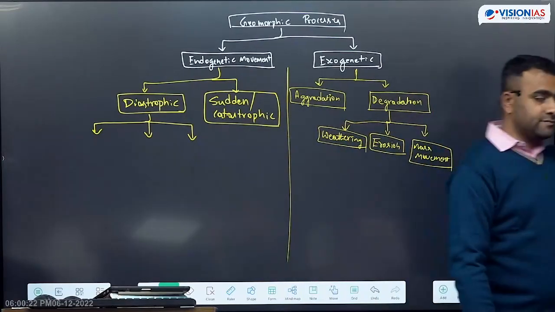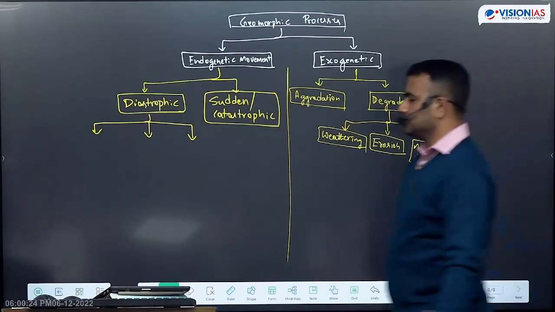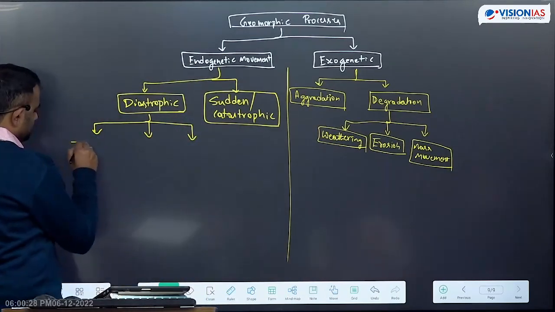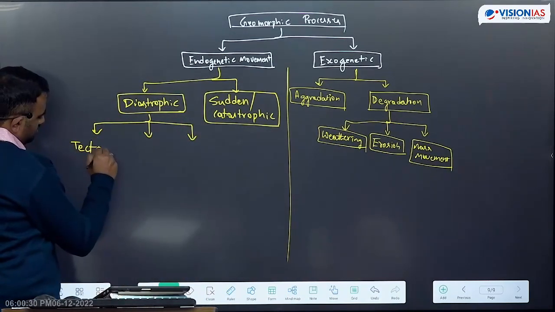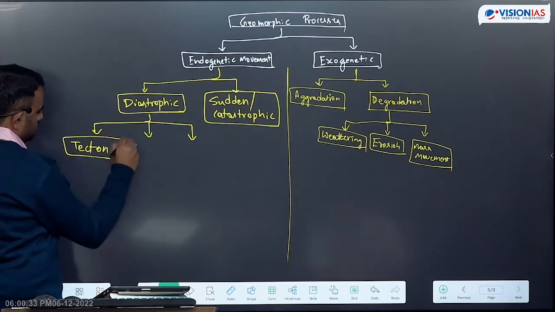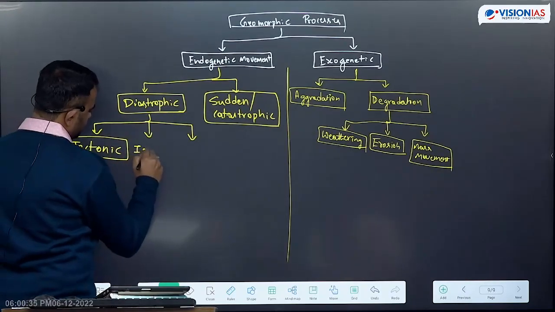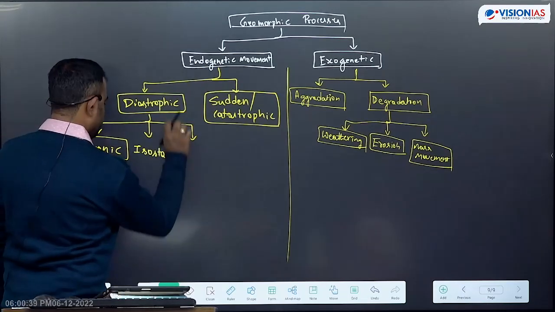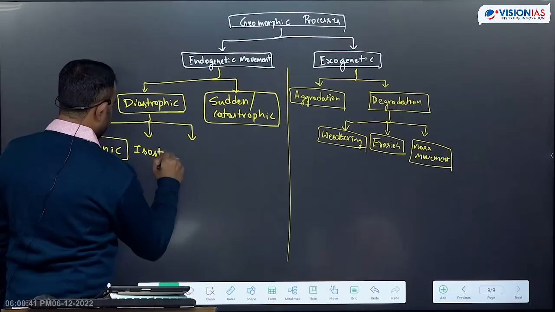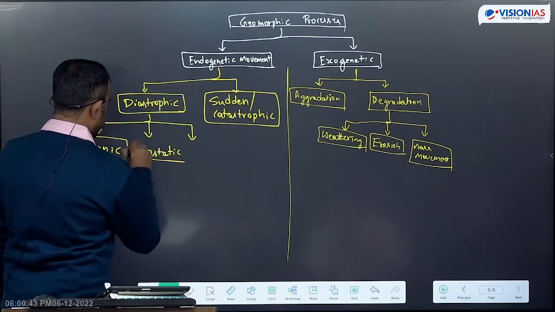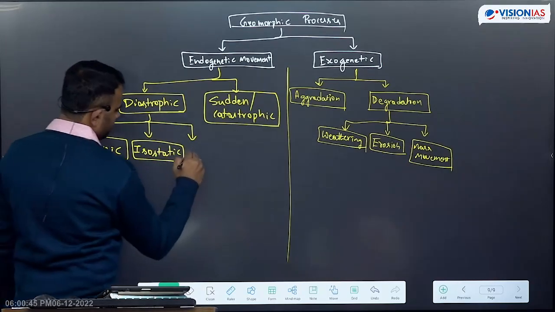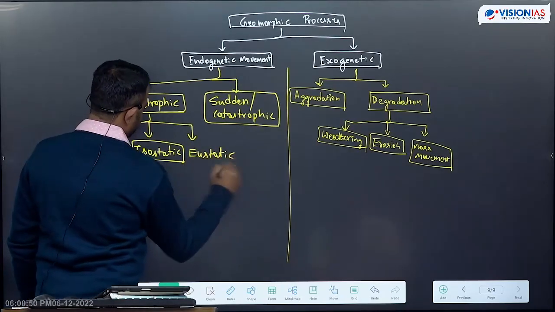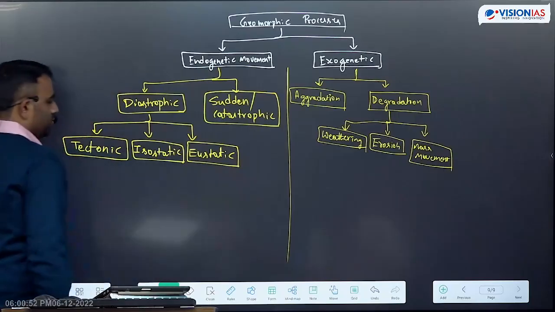Diastrophic movements are of three types. Tectonic movements, isostatic movements, eustatic movements.